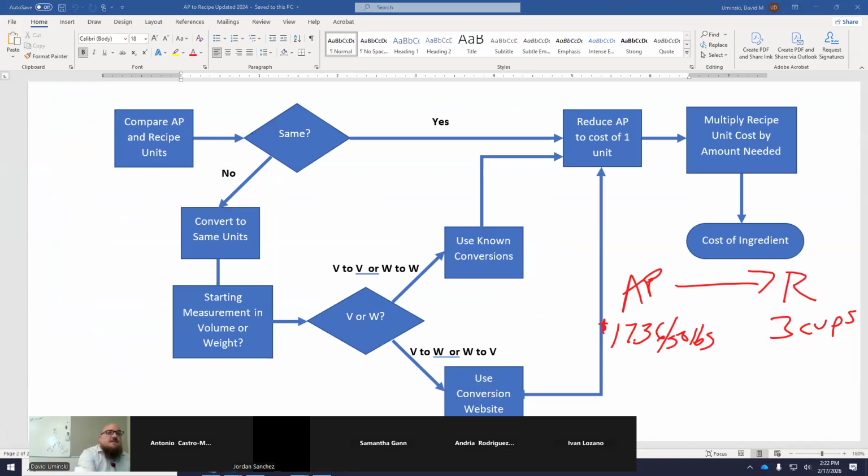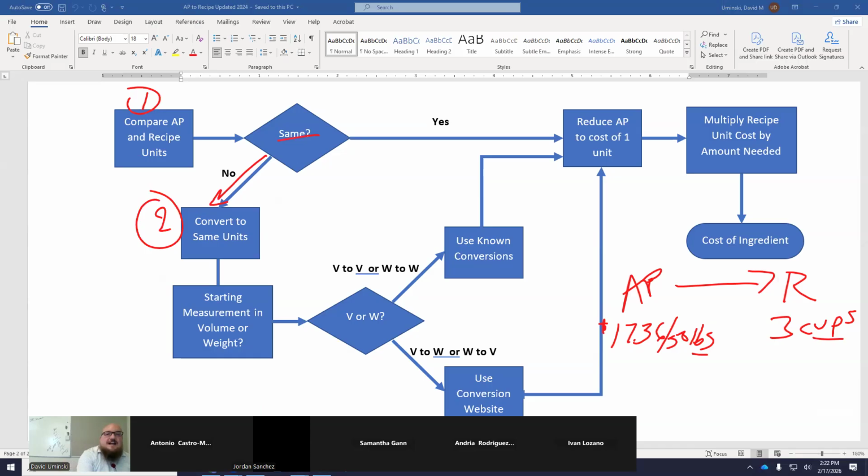So we're first going to compare the AP and recipe units. Are they the same? Are these the same? Yes or no? No, they're not. So we're going to follow the arrow this direction. We have to convert to the same units. Our units have to match, okay?